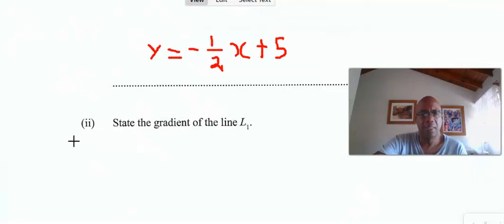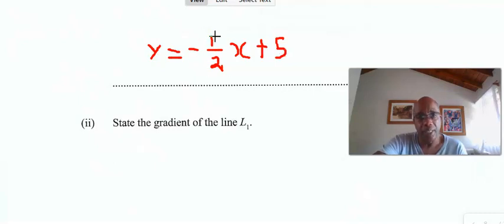Part 2 asked to state the gradient of the line L1. Now we have just seen that the equation of the line L1 is y equals minus a half x plus 5.